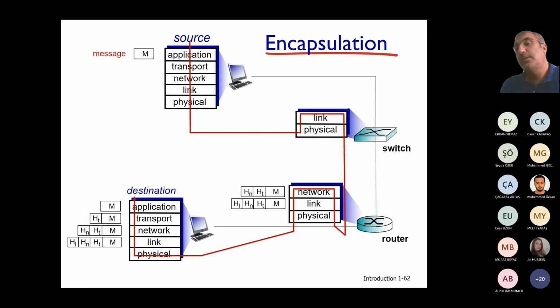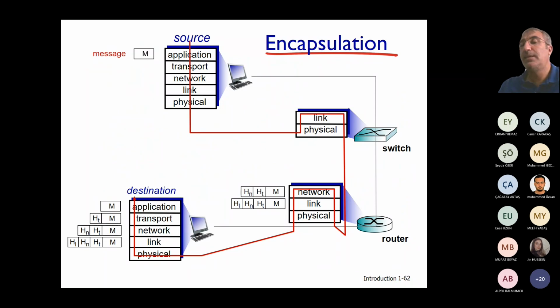There's another concept which we call encapsulation. When we take the messages at the application layer, we encapsulate at each layer to pass through to the physical layer. So let's give an example.